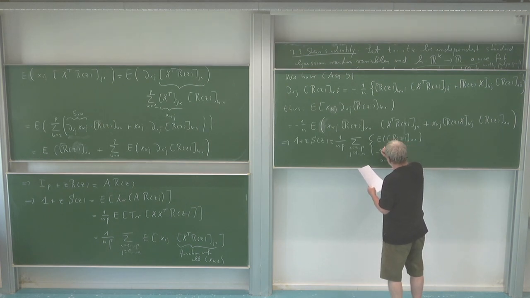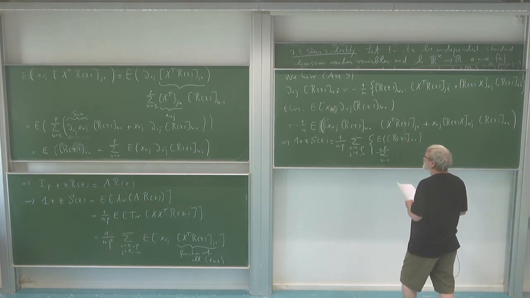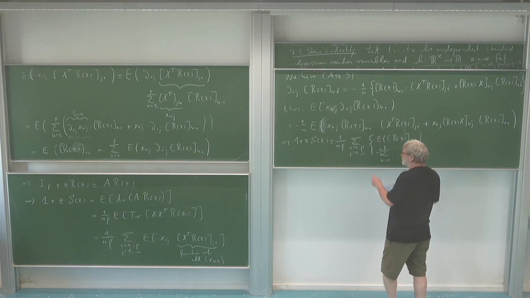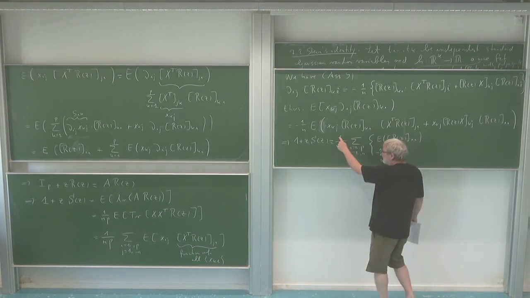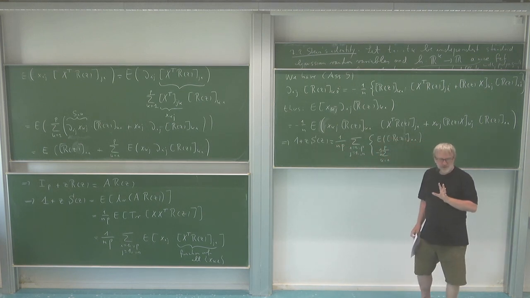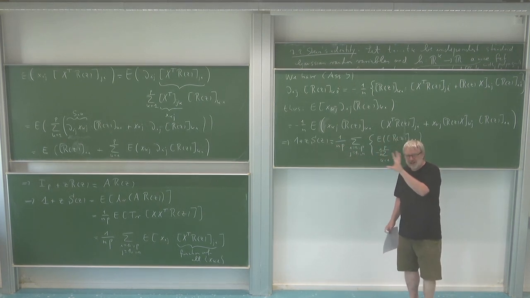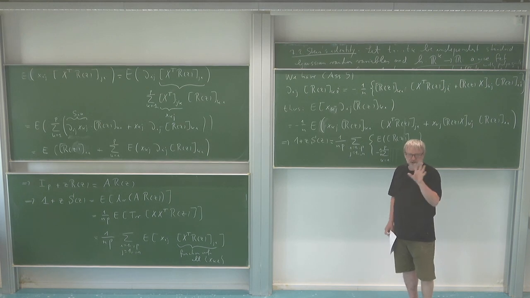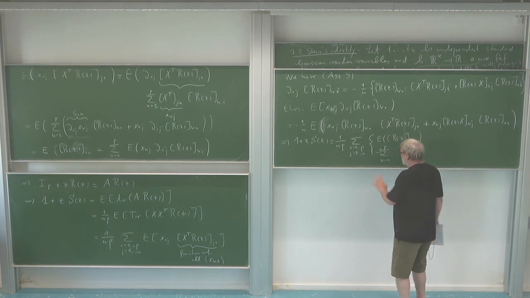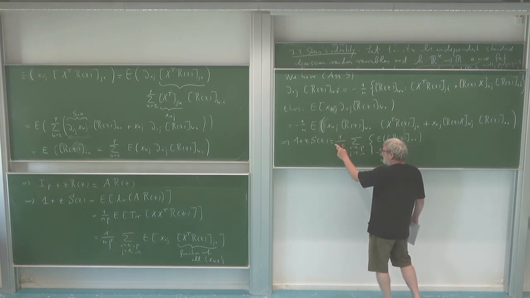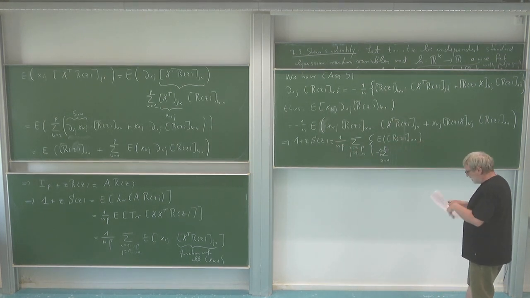And I have a 1 over n coming from here. Essentially, I have 3 summations, and I'm also dividing by the numbers which go to infinity. So there's a chance that asymptotically something survives, because if all the terms are of the same order, I should divide by them to get something in the limit. So that's good. 3 sums, and I'm dividing by 3 times these numbers which go to infinity.